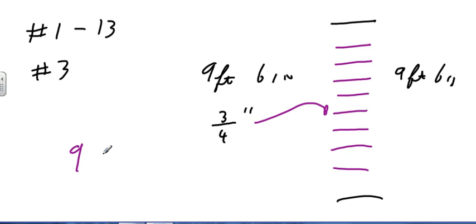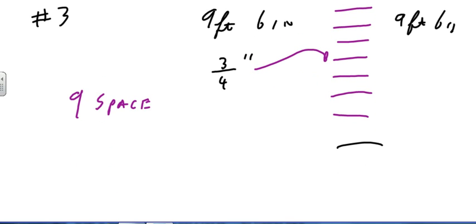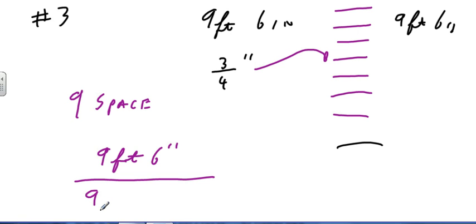So I have 9 spaces, 8 shelves. All right, so I'm going to take my 9 feet, 6 inches, and I'm going to divide it by 9. I'm going to subtract 8 times 3/4 for the wood of the shelf, and then divide it by 9.